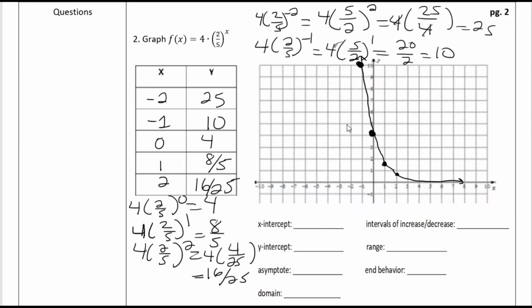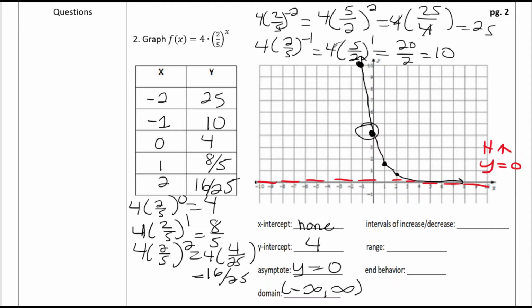All right, so that's your exponential graph. It's a decay. There is no x-intercept because in this case, the graph is trying to approach y equals 0. So that's your HA, y equals 0. The y-intercept is over here, at y equals 4. That's where it crosses the y-axis. The domain is all real numbers, because you have all the negative values for x and all the positive values for x.